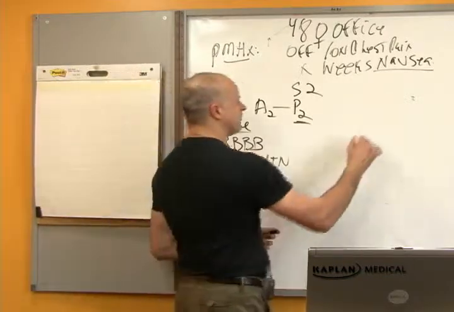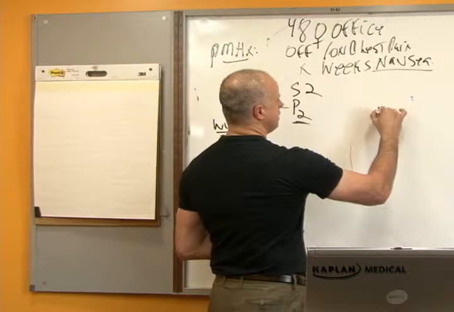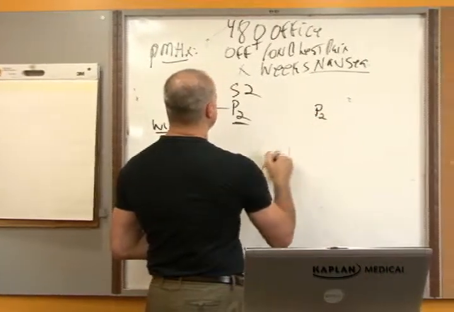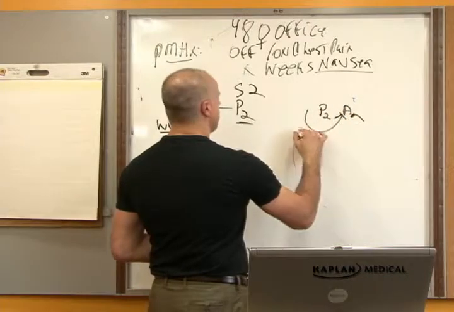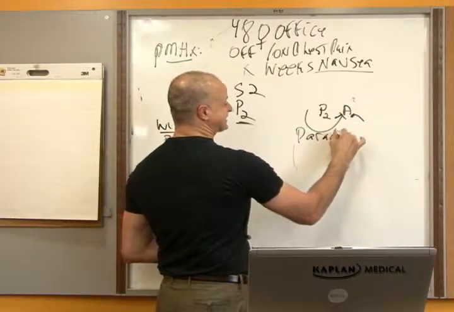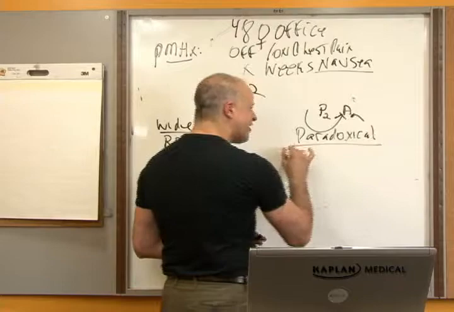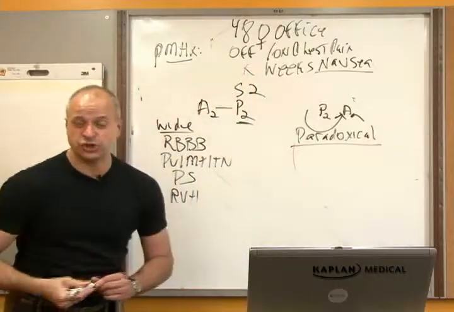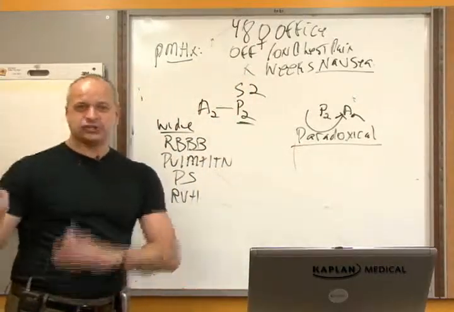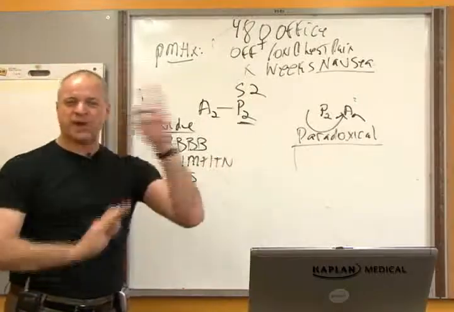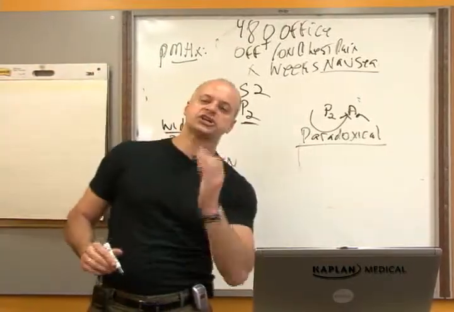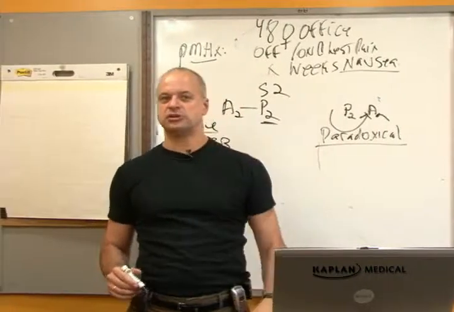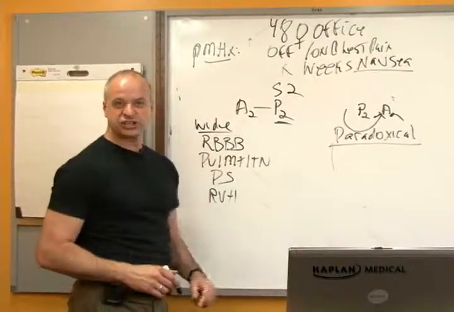If the P2 is now coming before the A2, that's called a paradoxical split of S2, where it should be A2, P2, aortic, pulmonic. Why is it now pulmonic, aortic? Because something has slowed the contraction of the left ventricle.